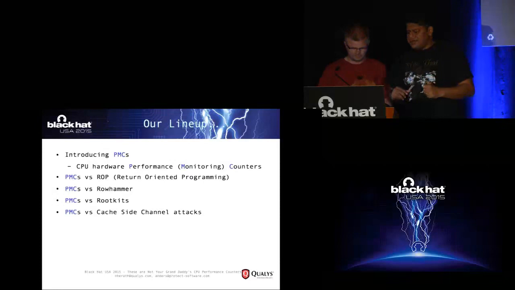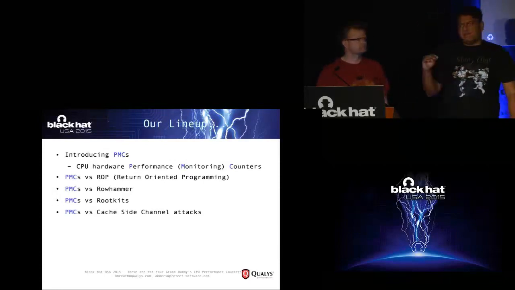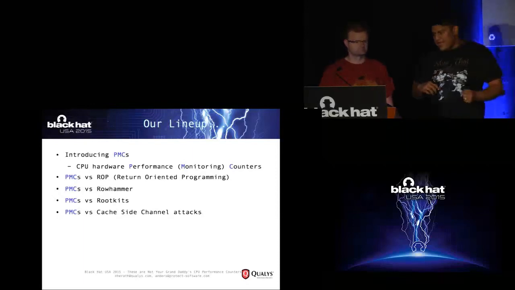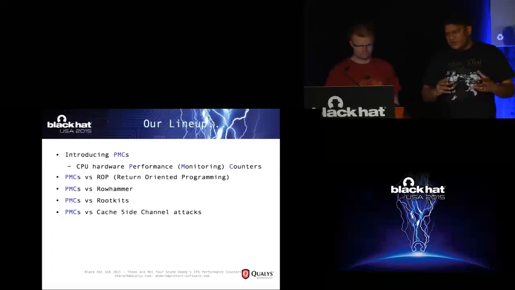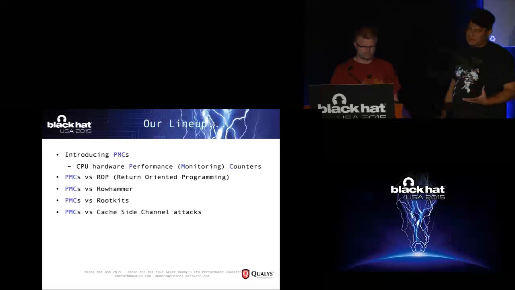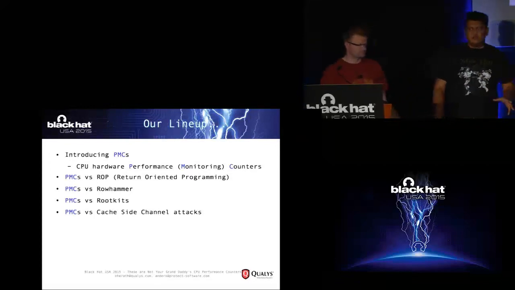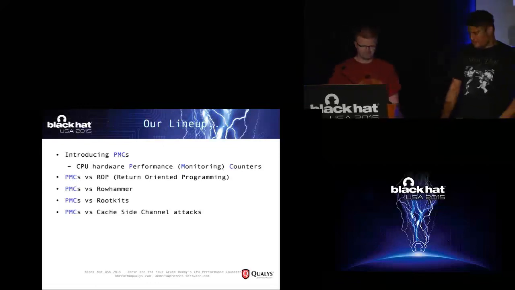We will be talking about using the performance monitoring counters to detect and mitigate a low-level attack like Rowhammer. We will also briefly discuss what we can do against rootkits. And last, we'll be looking at how we can use the performance monitoring counters to detect and mitigate cache side-channel attacks.